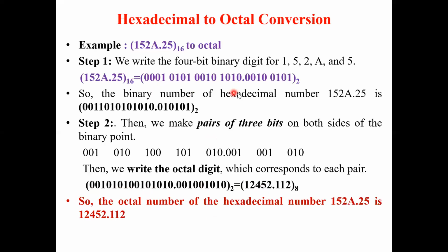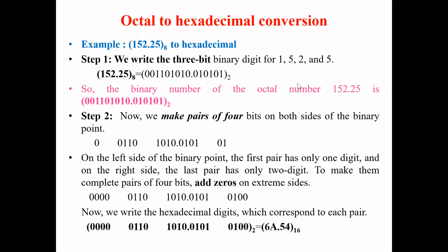Because once you have this whole string, make groups and draw lines, one above and one below. Okay, so the octal representation is there. The very first step, convert it into binary, that is the 3-bit binary representation.